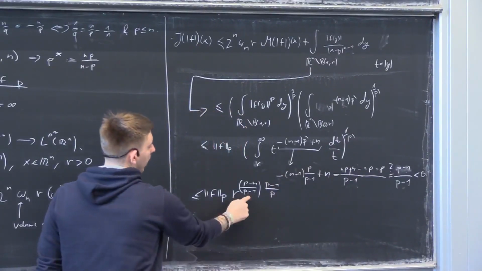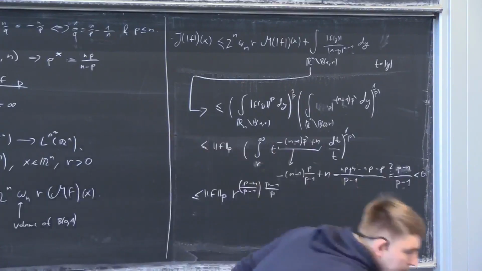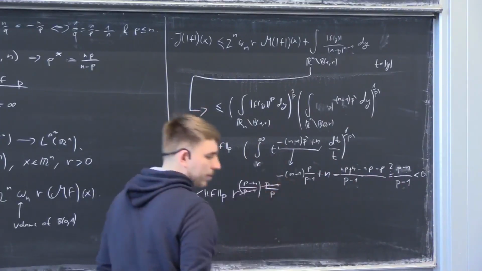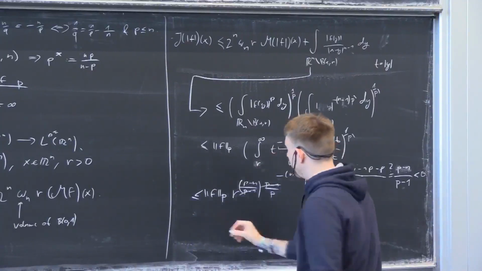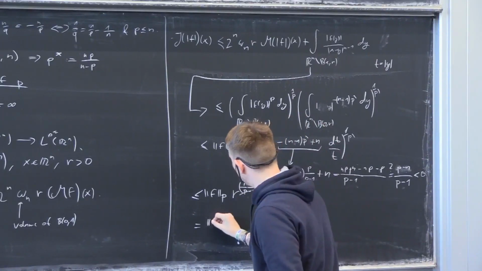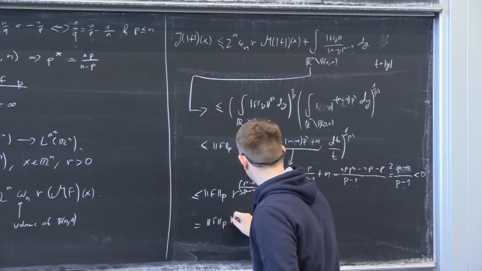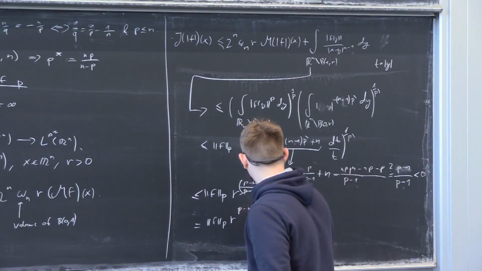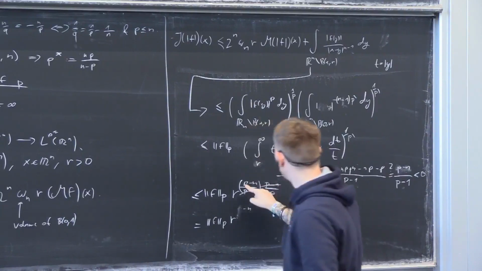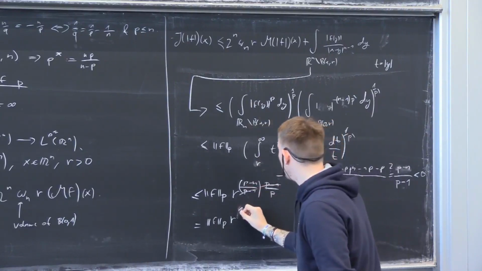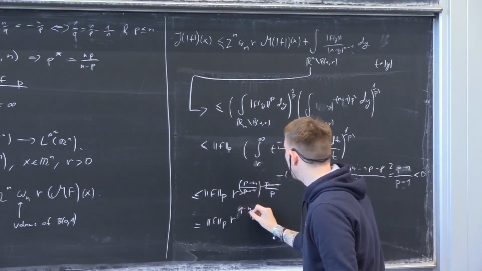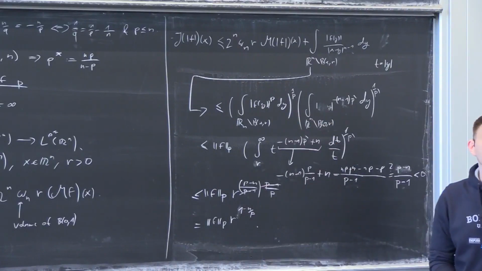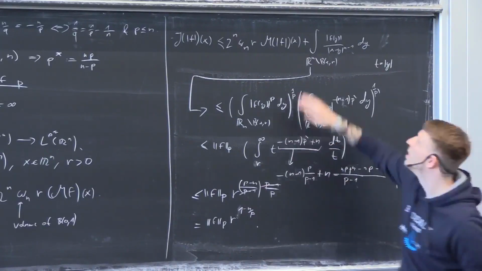Okay, and we can cancel this out with this. And we just remain with f in p norm, and then r to the, p over p is 1, minus n over p. So this is what I get for the off-diagonal part.